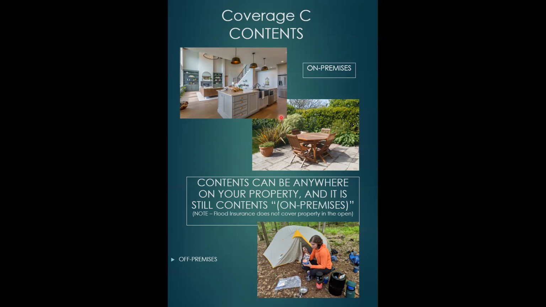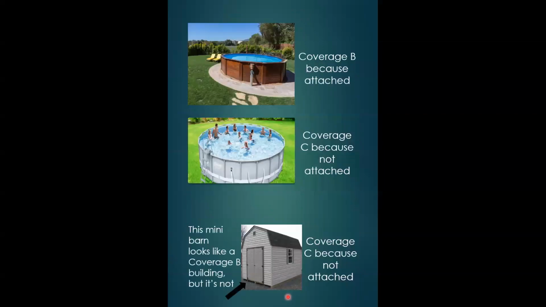So on premises does not mean limited to in the house. But then when you go off premises and go who knows where, now that's a different situation. So on premises, whether it be in the house or outside on the grounds, and then off premises is the distinction that we're raising. So is it coverage A or coverage B or coverage C? That's some of the distinctions that we have to draw sometimes.